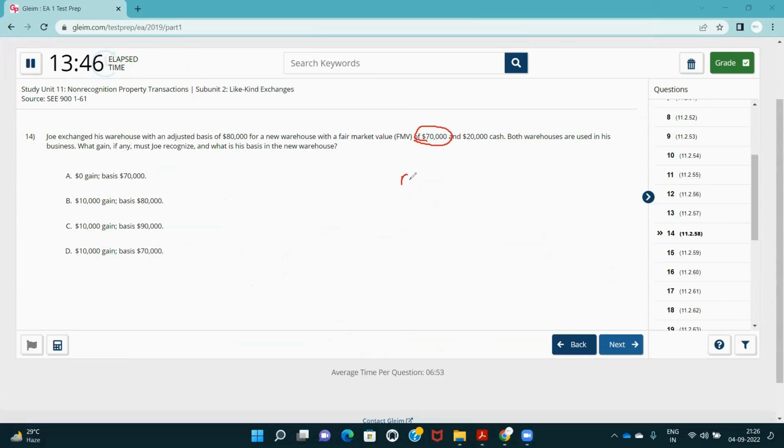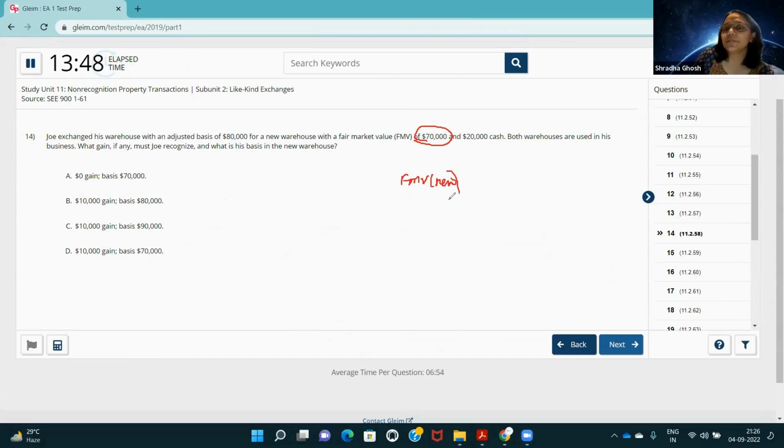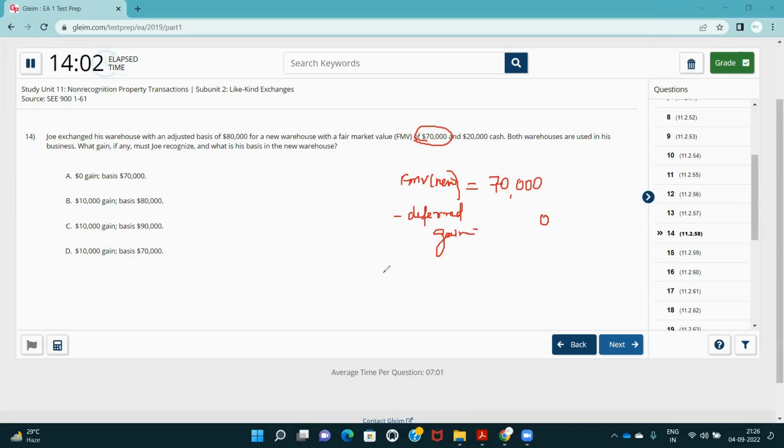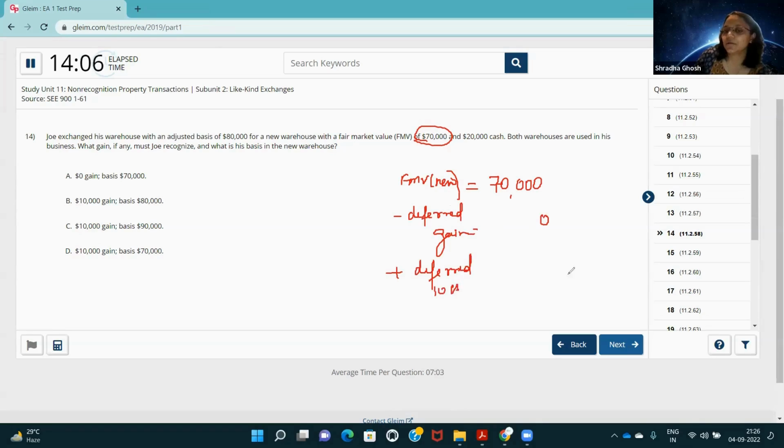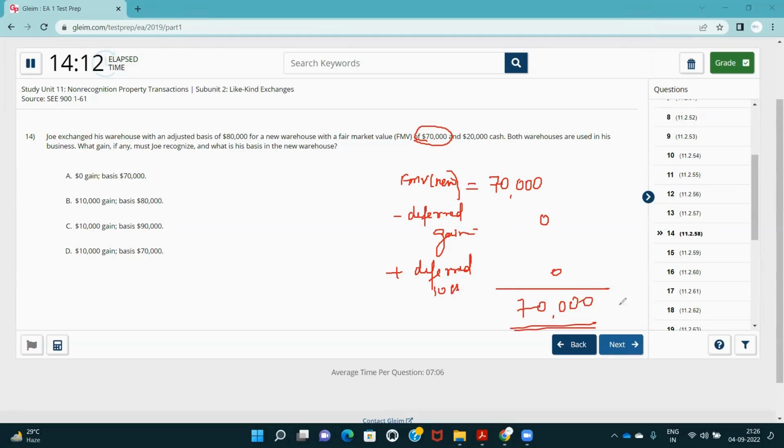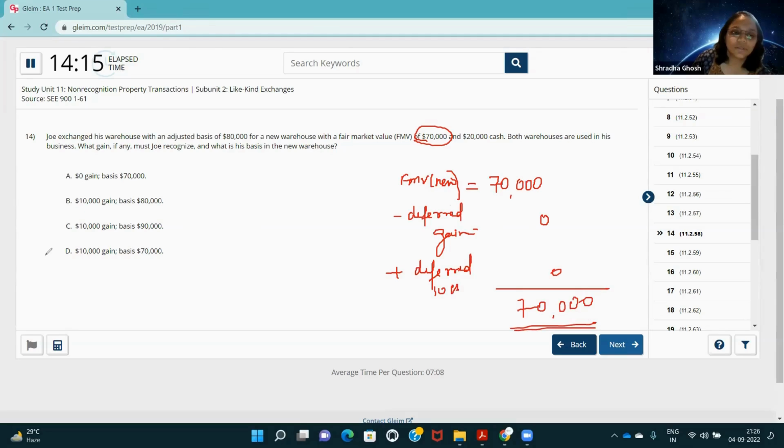So the fair market value of the new property is 70. I had a gain of 10 and I recognized the full 10 because my boot was more than that. So minus the deferred gain is 0. And no losses were deferred, so this becomes 0 anyways. So the basis of the new property is 70. Have you understood this? So my gain was 10 and the basis was 70.